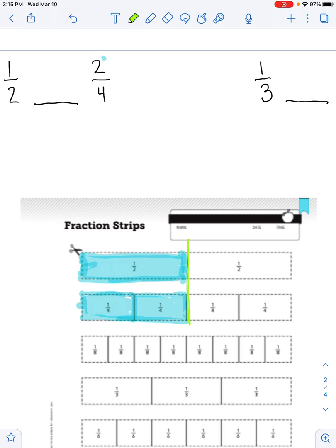Even though these numbers aren't the same, you notice how this 2 is bigger on top than this 1, and you're thinking, well, if they have 2 of it, it probably is bigger than 1. Well, that's not necessarily true, because the 1/4, 2 of those, if you put them together, they're the same as 1/2. Okay, so you would put equal to right here on that one.